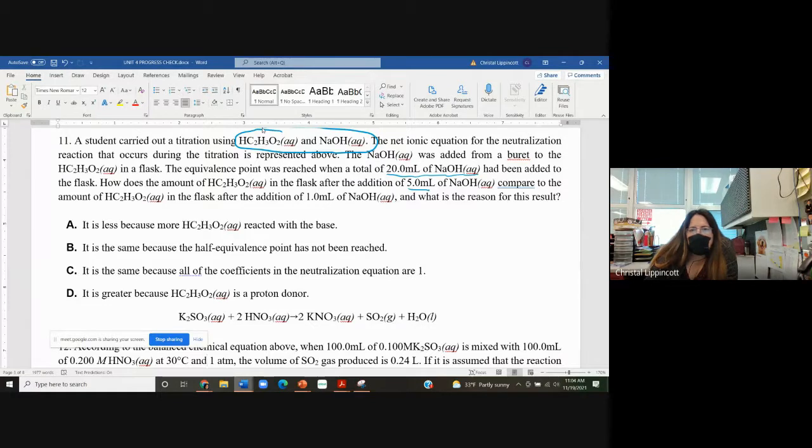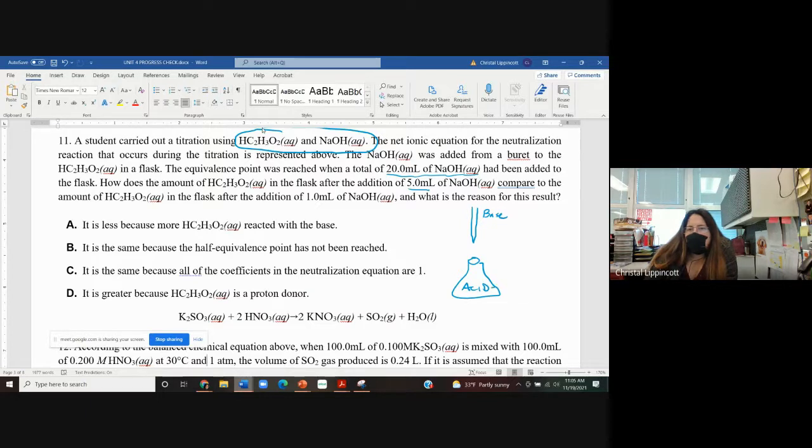So our flask is sitting here, right? And our flask has what in it? This is our acetic acid. So this is our acid. And then our burette is coming in, and this is going to be our base.